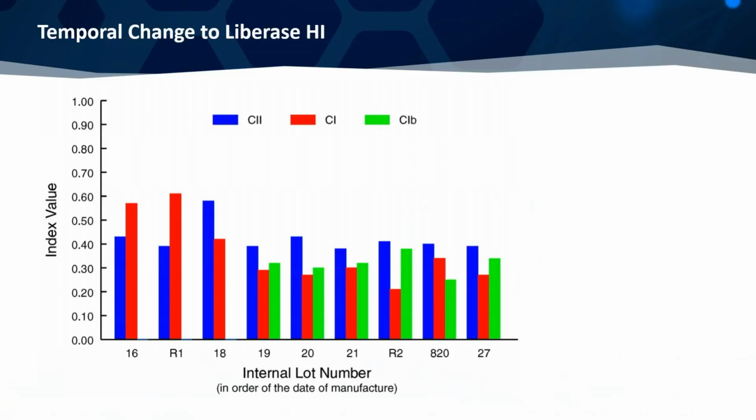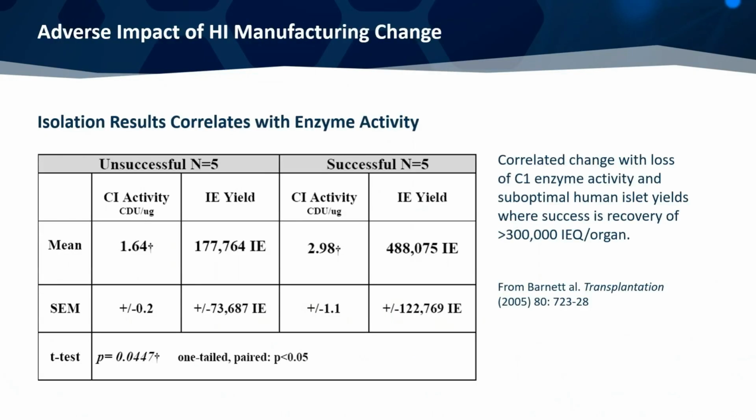Now, why is this important? Well, a lot of the data was presented in this publication by Barnett, but he showed in a slide presentation in 2006 at the Islet Cell Research Workshop that in fact, the unsuccessful isolations had a lower collagen degradation activity, as he called it.